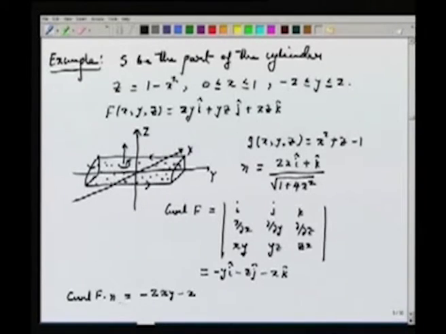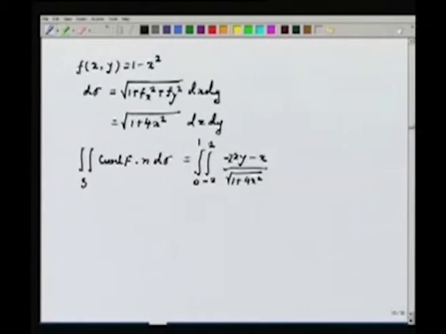If I go back to the previous formula, this formula is wrong. Curl f dot n is minus 2xy minus x, that is correct, but the quantity is divided by square root of 1 plus 4x square, because in n this quantity is sitting. Then in this double integral over S of curl f dot n d sigma, I have to multiply with d sigma, but d sigma is square root of 1 plus 4x square and then dx dy.